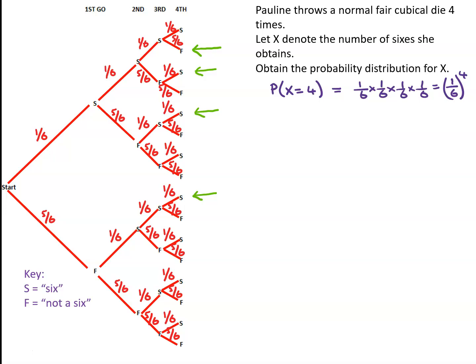Now the probability for the first route, 6, 6, 6, fail, is 1/6 times 1/6 times 1/6 times 5/6. And that is also going to be the probability for each of those other routes. So the probability that Pauline obtains 3 sixes is 1/6 times 1/6 times 1/6 times 5/6 times 4. In other words, we've got 4 times 1/6 cubed times 5/6.